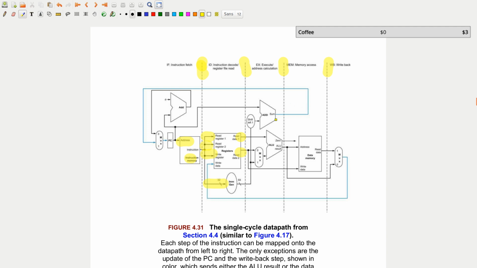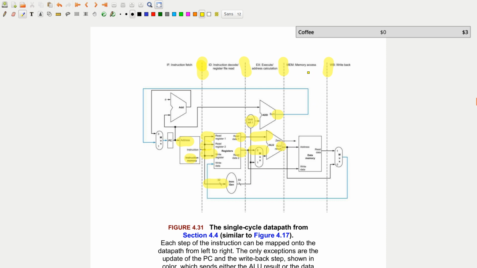Then in execute, these register values and immediate values go to whatever they need to go to. If it's an R-type instruction, these registers go to the ALU. If it's a branch instruction, this immediate value has to be routed up here, and it'll make this calculation, and then it'll be put on the other side of the ALU.